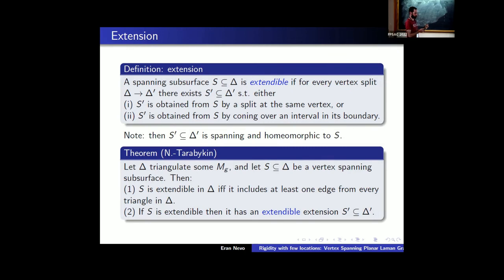Okay, so we don't want to find a triangle in the triangulation where none of the three edges is in our subsurface. Then it's extendable, and moreover, we want that the extension will also be extendable, and indeed it's possible. In that case, if it's extendable, we can indeed extend it in an extendable way.